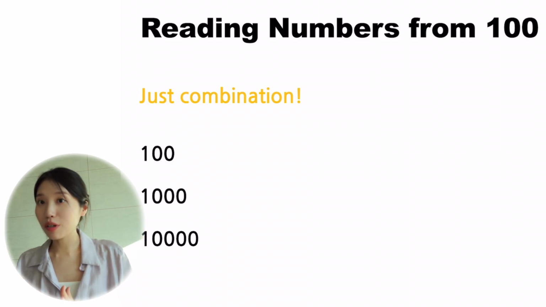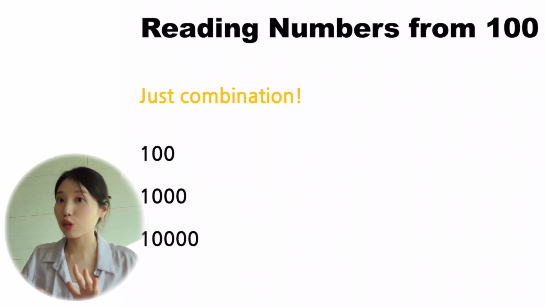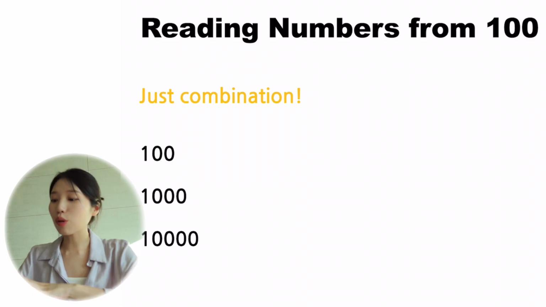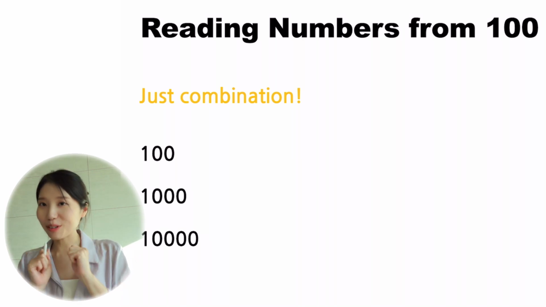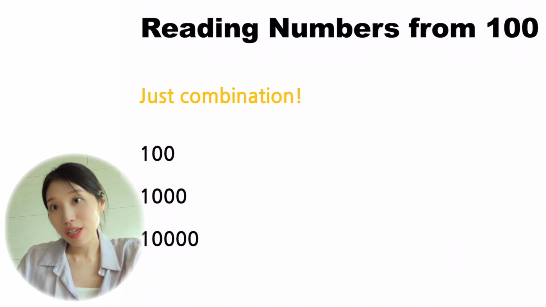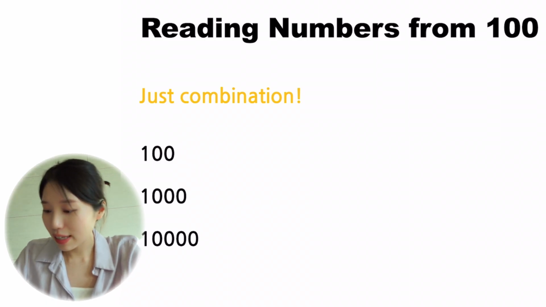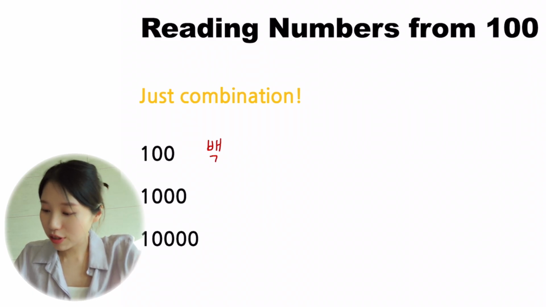By the way, after 100, there are no native Korean numbers, so all of this number system is read with Sino-Korean numbers. So 100 in Sino-Korean numbers is 백. And 1,000 is 천.